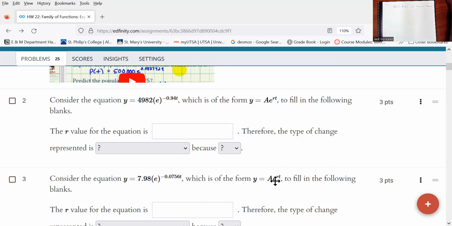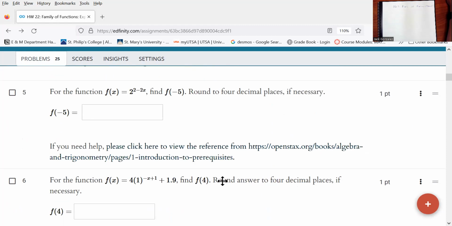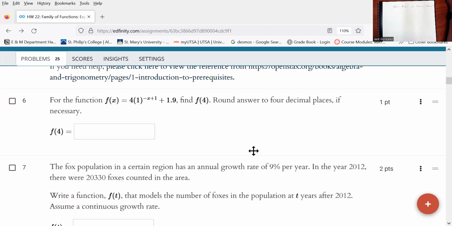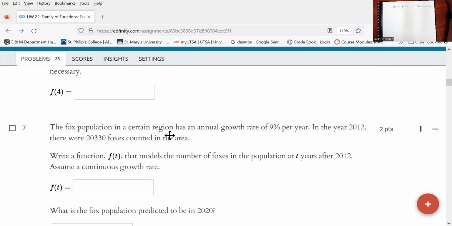And you've got to solve for the rate. I don't think they give us the rate, right? Go back to the fox question. No. Wait. Growth rate of 9%. Looks like we do. So they give us the rate, they give us the starting amount. You just plug it in, you should have the function.